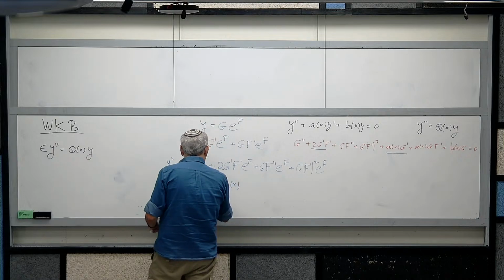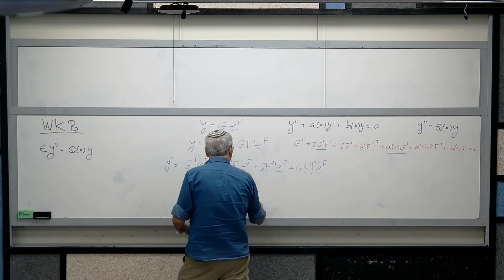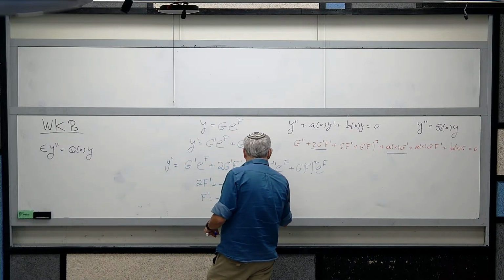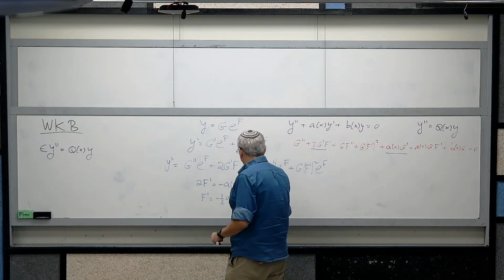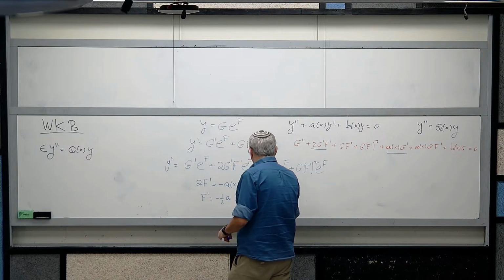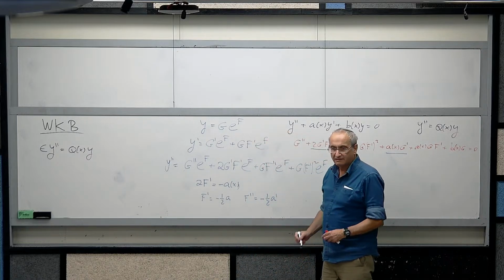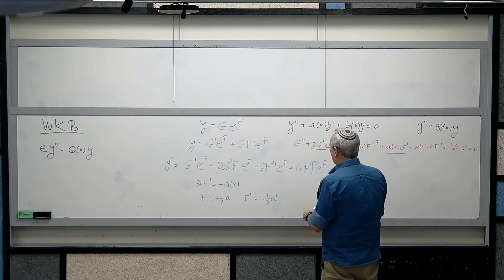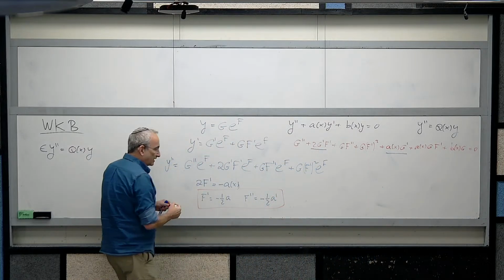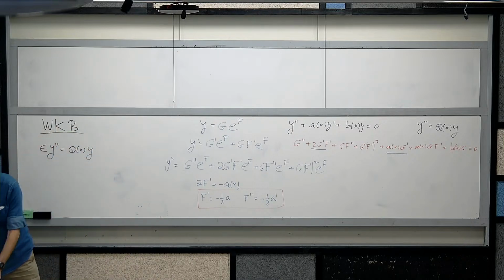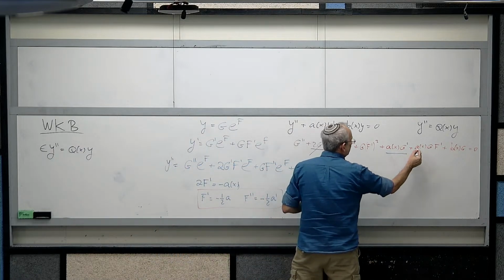And therefore, f prime is minus 1/2 a. Okay, I don't need f. Which means that f double prime will be minus 1/2 of a prime. Right? So, by adopting this choice, of course you can calculate also f, but we are not going to need it. By adopting this choice, we got rid of this and that.